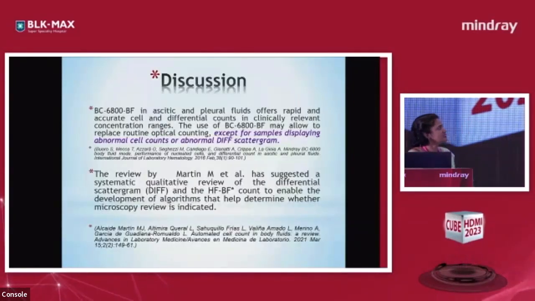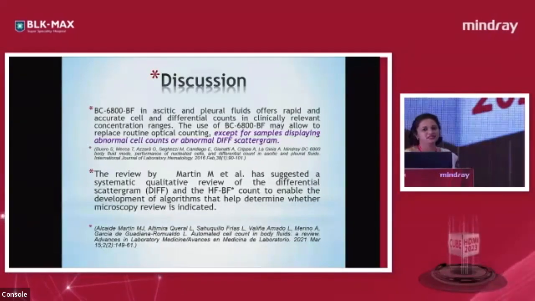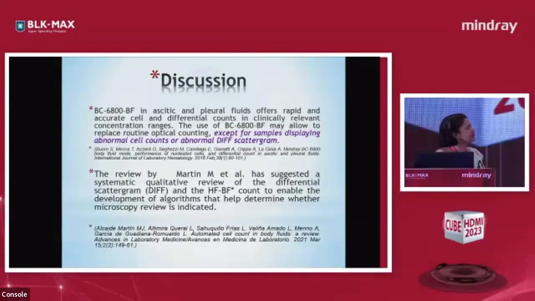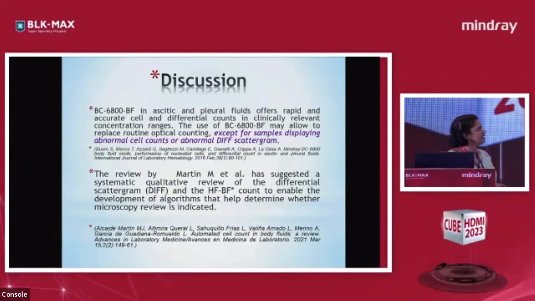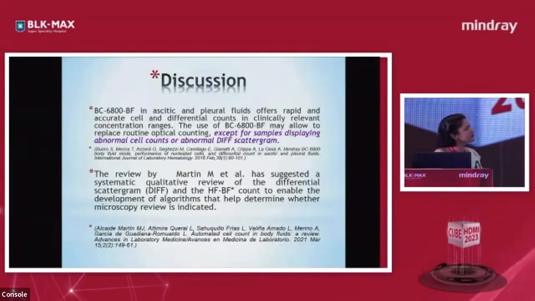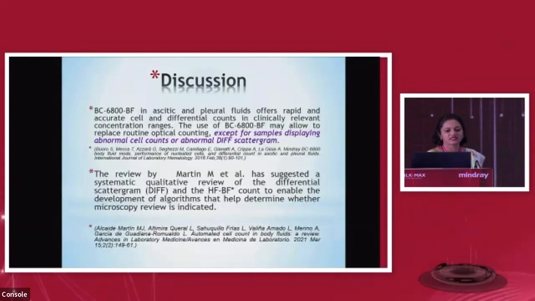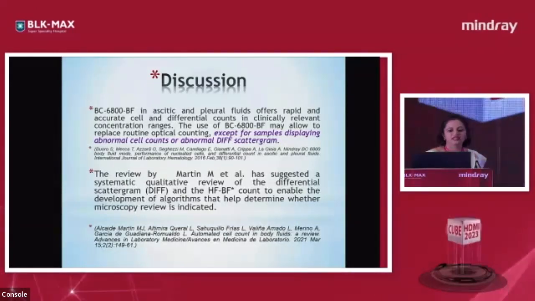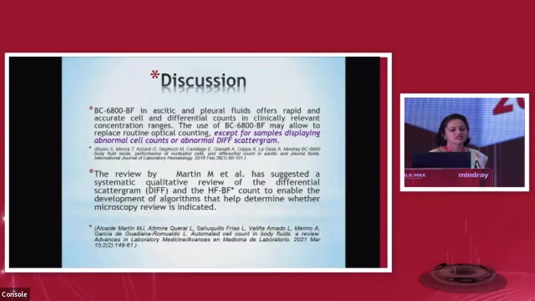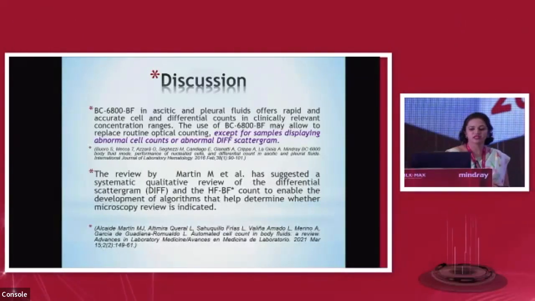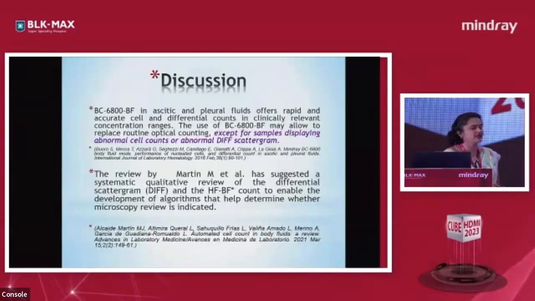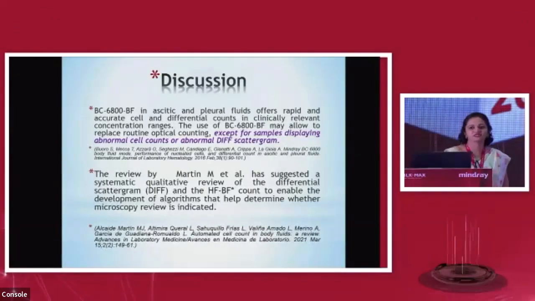So now, there are studies on the automated analyzers in the body fluid mode, where the BC6800 has been studied in the body fluid mode. And here, the suggestion is, it offers a rapid and accurate cell count and differential count in clinically relevant concentration ranges. The use of this analyzer may allow replacing the routine optical counting, except for samples displaying abnormal cell counts or an abnormal diff scattergram.